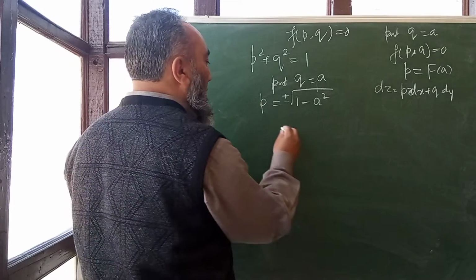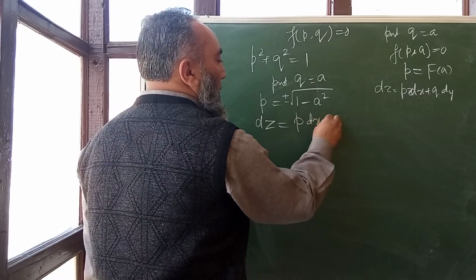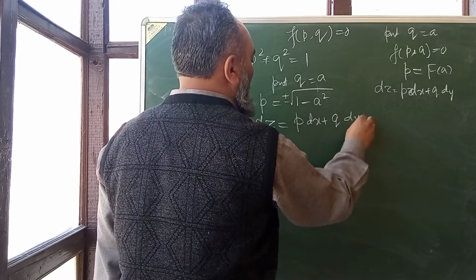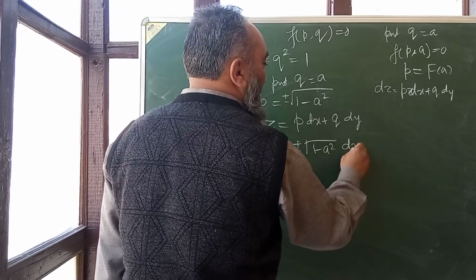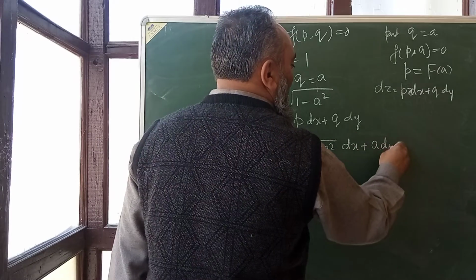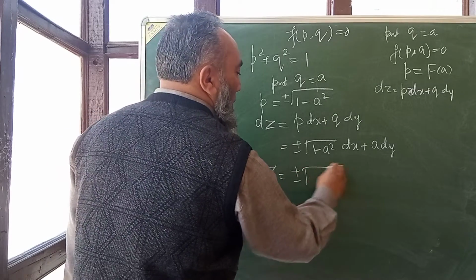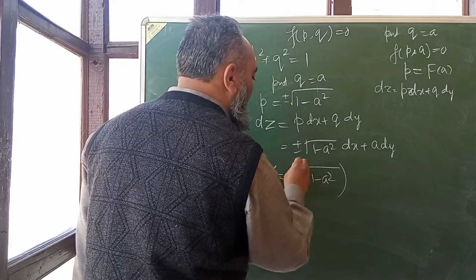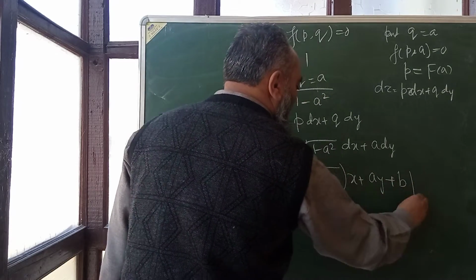Now, what is dz? We know dz is equal to p dx plus q dy. It is under root of 1 minus a square dx plus a dy. Now let me integrate it. z is equal to under root of 1 minus a square times x plus a y plus some constant of integration b.